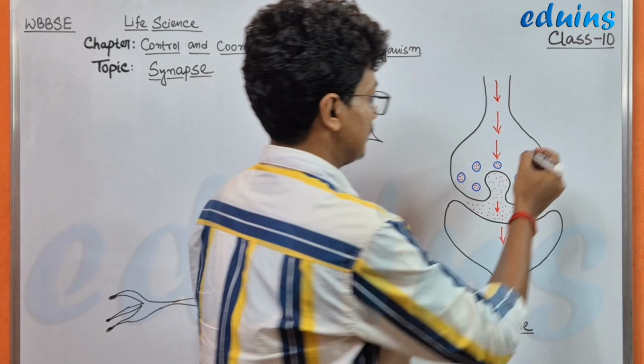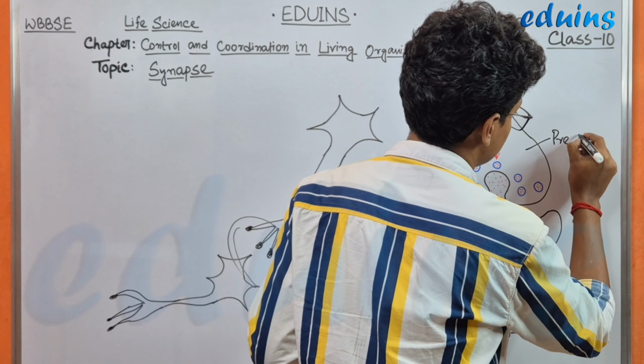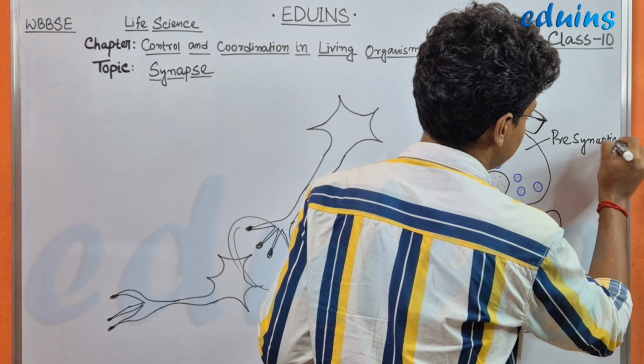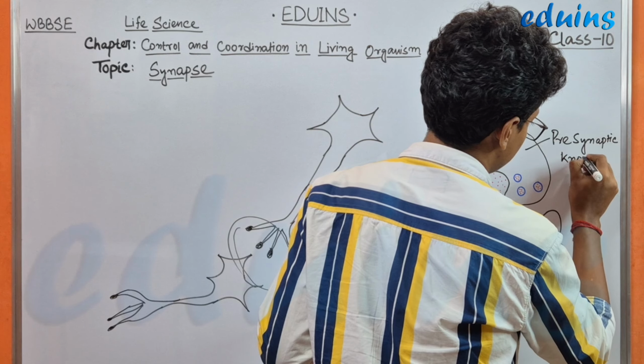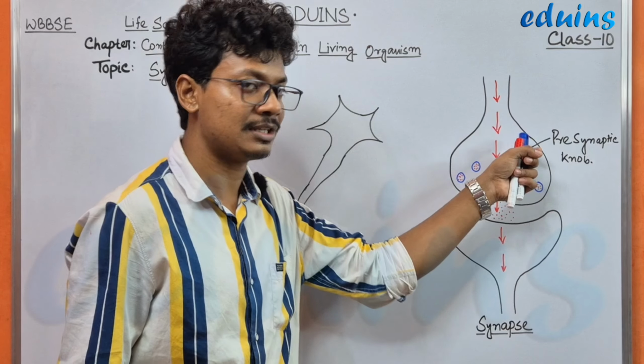So this is the presynaptic knob. Actually, this is the part of the axon.